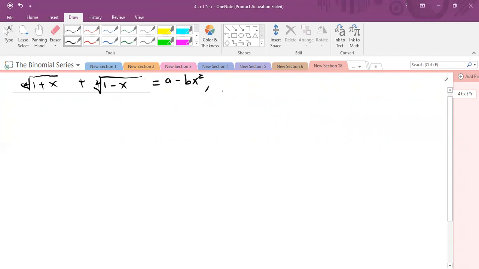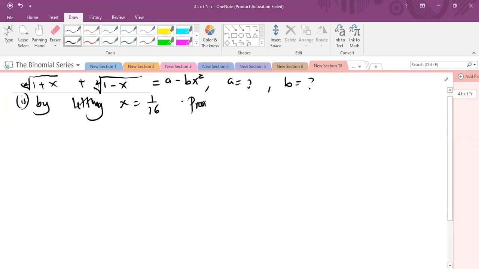So we're being told to get the values of a and b, neglecting higher powers of x, so basically x cubed and above are not given. So what is a and then what is b? After getting the values of a and b, the second part of the question says by letting x equal 1 over 16, we prove that the fourth root of 17 plus the fourth root of 15 is equal to 3.995.